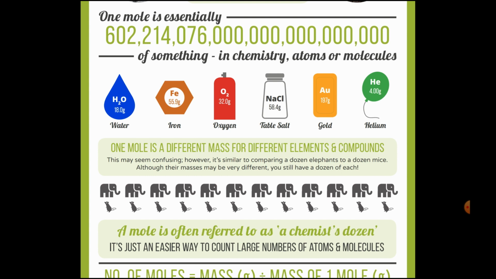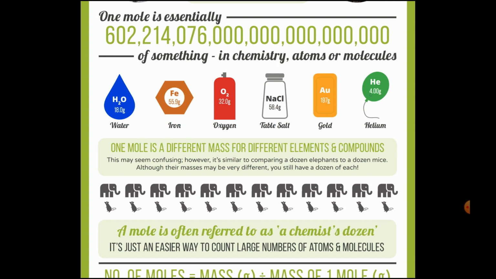So 18 grams of water is 1 mole. 55.9 grams of iron is 1 mole of iron. And the same goes for oxygen: 32 grams of oxygen is considered to be 1 mole, and it's that amount of particles.